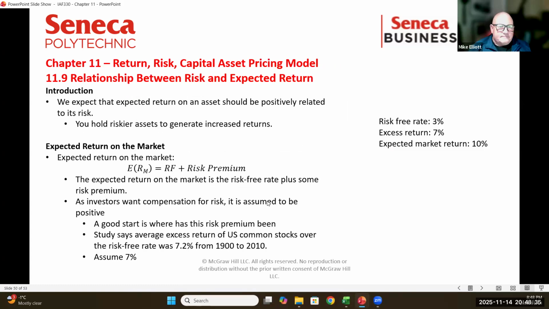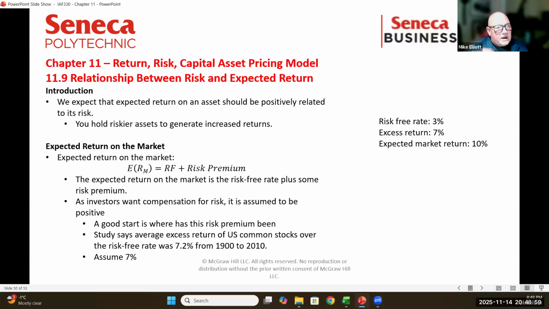What they did is they looked at the performance of U.S. common stocks from 1900 to 2010, so 110 years. They looked at what the standard deviation was for the markets and what the standard deviation was for individual stocks, and then did a bunch of magic in the back.